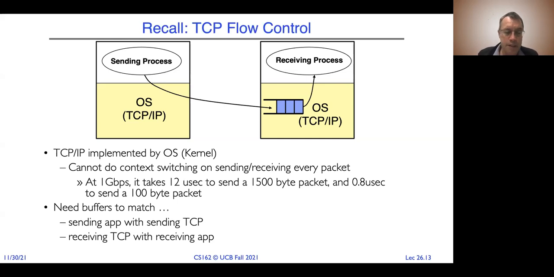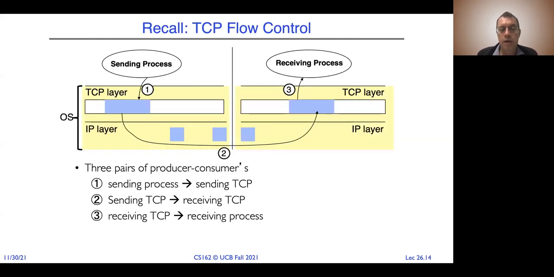You use buffers. In general, you have one buffer on the sender side and one buffer on the receiver side, which the operating system maintains, and the processes themselves can have other buffers. So sending from one process to another has 3 steps.